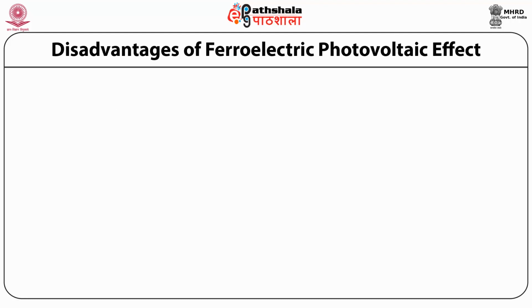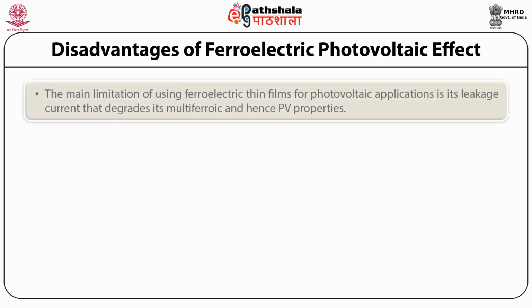Now, along with the many advantages of ferroelectric photovoltaics, there are certain disadvantages of this effect as well. So let's discuss them. The number one disadvantage is that in the use of ferroelectric thin films for photovoltaic applications, the limitation here is the leakage current that degrades its multiferroic and hence photovoltaic properties.